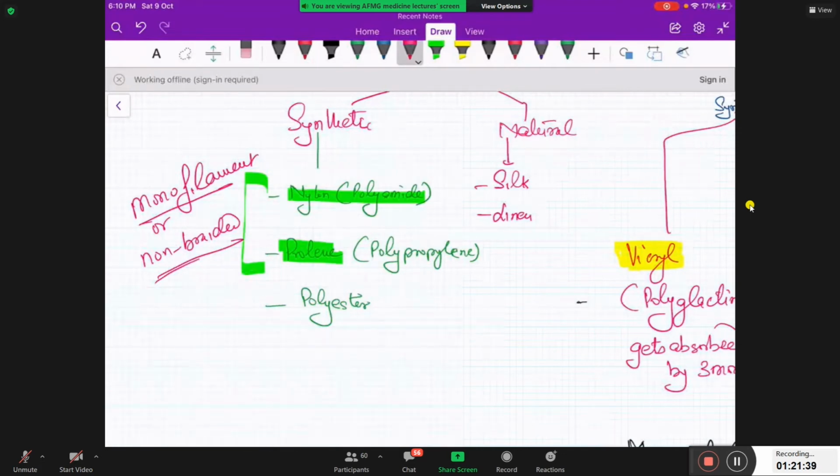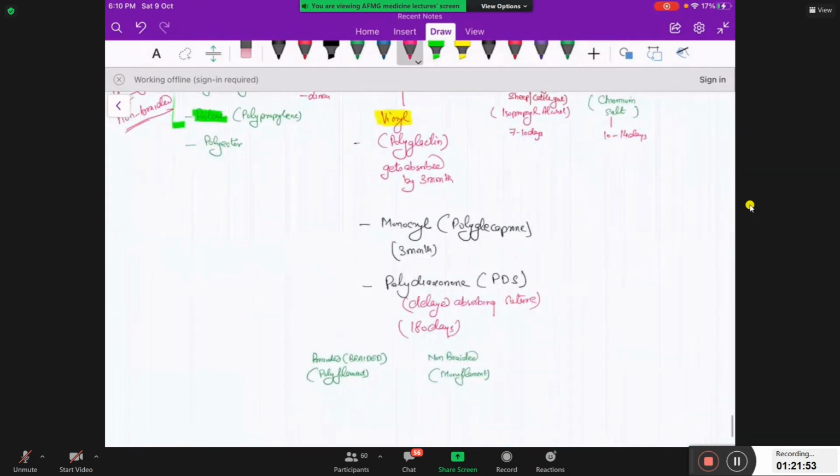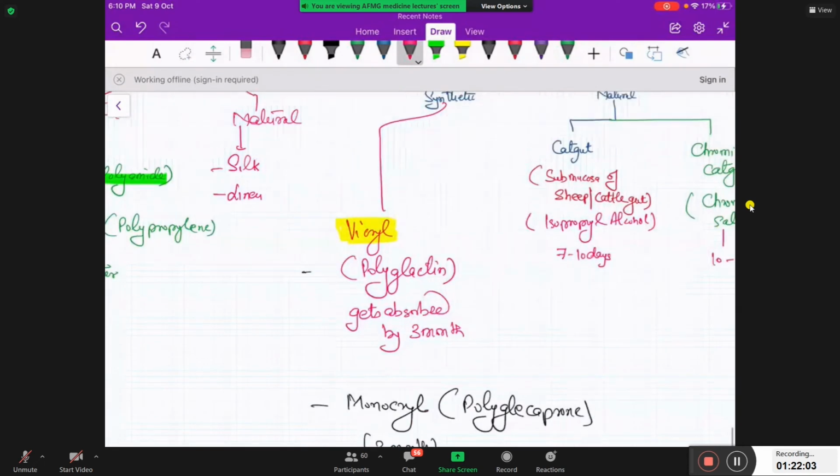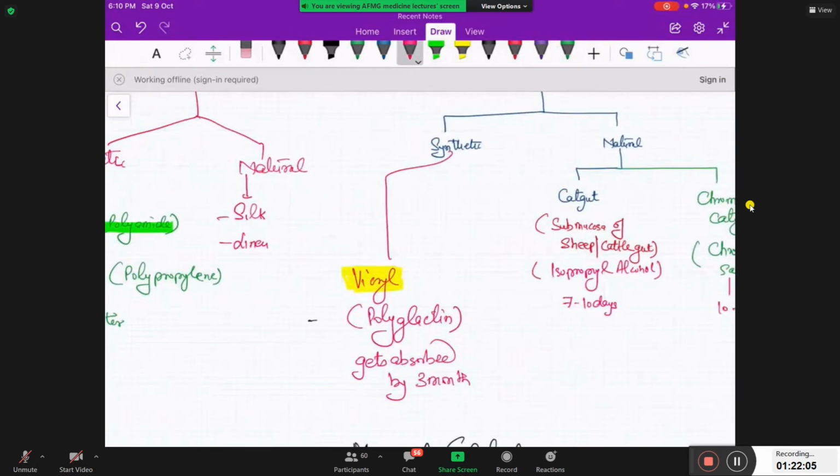First of all, you can easily relate to this. Suture material is a foreign body. Yes or no? Yes. So if there is a foreign body, there will be inflammation against it, right? If there is inflammation, there will be fibrosis also. And there will be a foreign body reaction and an allergic reaction also. Now you tell me, out of natural or synthetic suture material, which will have more chances of a foreign body or allergic reaction?